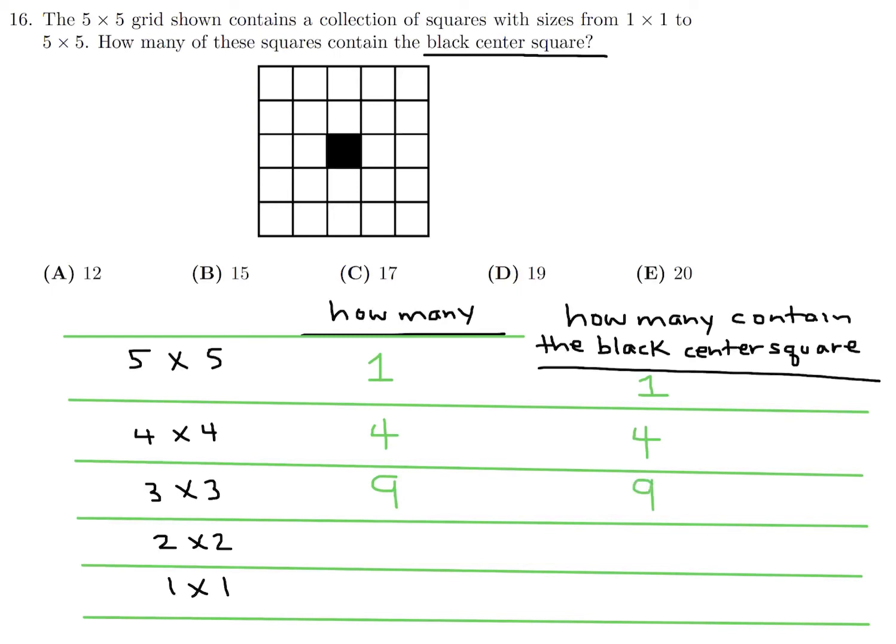All right. Now let's pay close attention to the 2 by 2. I want you to not only see them, but I want you to start thinking about this guy here. How many contain the black center square?